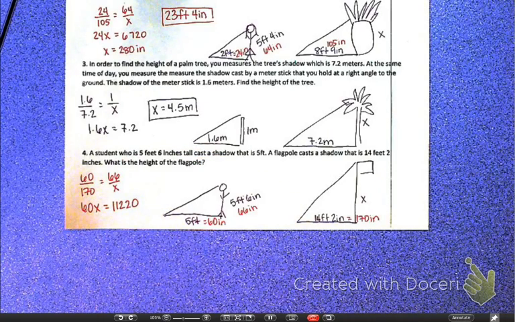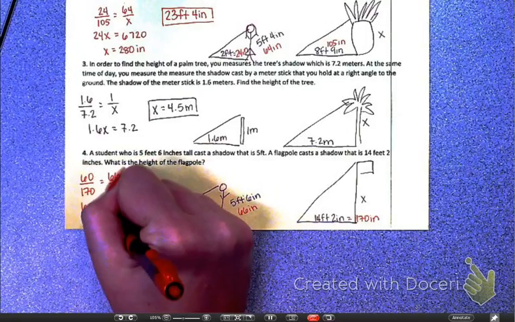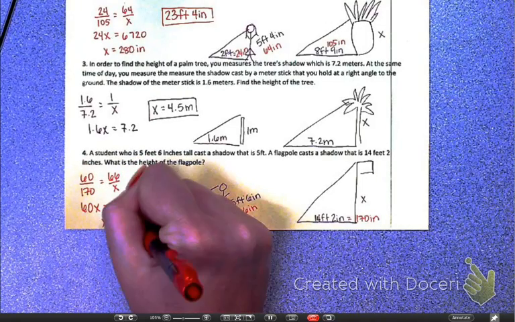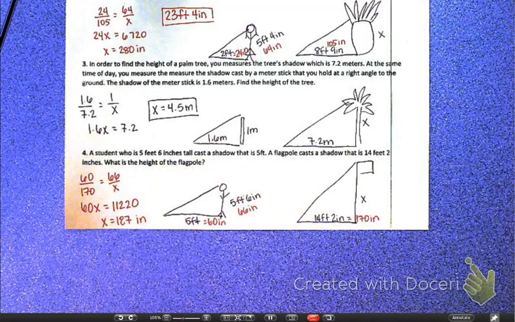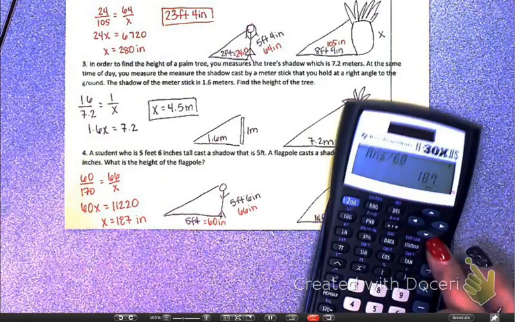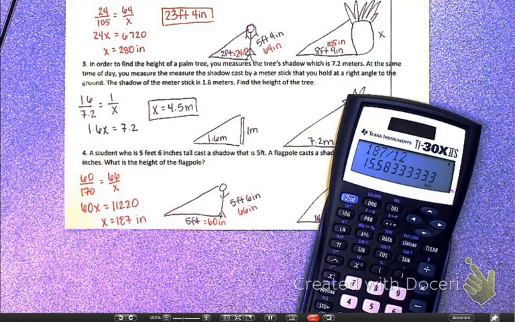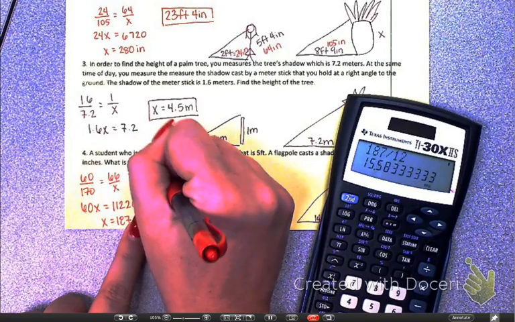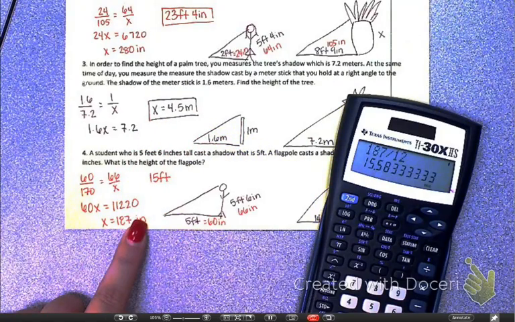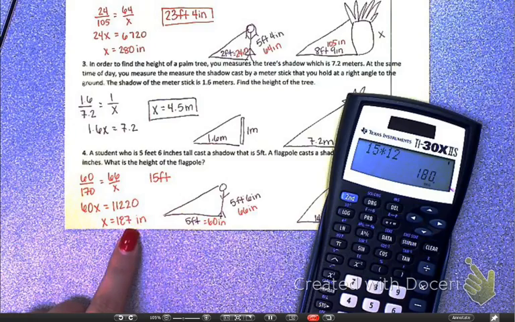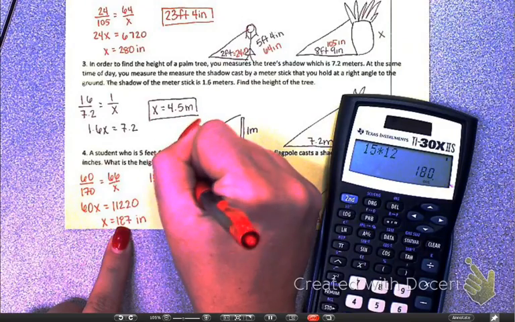When you divide by 60, you get 187 inches. You have to convert it back to feet and inches. So 187 divided by 12 gives me 15 feet. And then 15 times 12 is 180. So the difference between 187 and 180 is 7 inches.